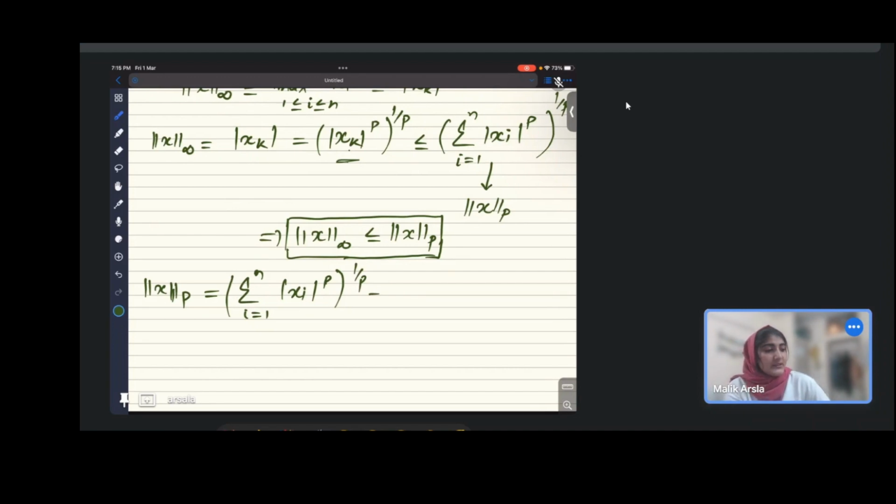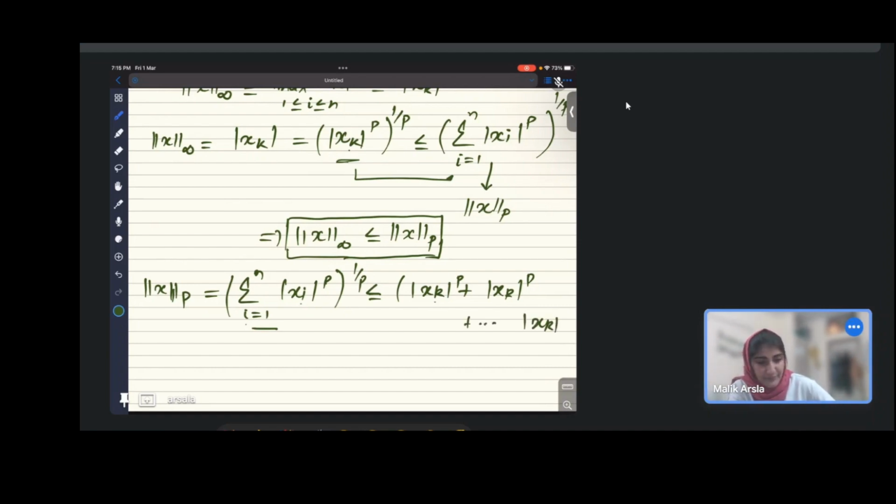Since this thing is true for a single xk, then if we are taking the summation of xi, each of those xi's is definitely going to be less than or equal to this thing. x1 is less than or equal to xk to the power p, then x2 is going to be less than this too. Here i is running from 1 to n, so we can take xk n number of times.